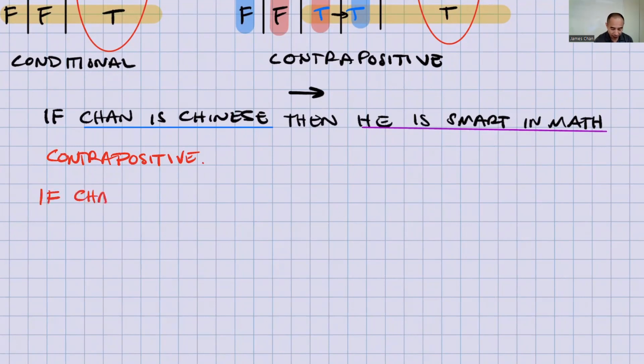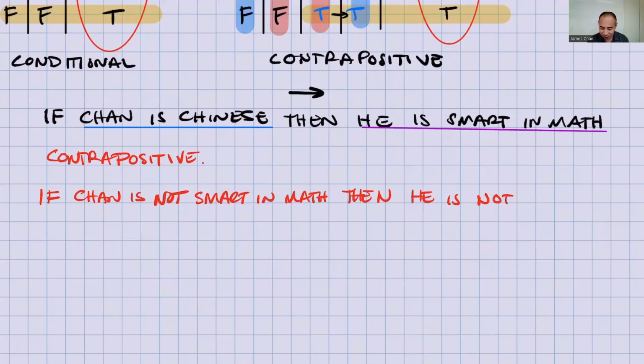If Chan is not smart in math, then he is not Chinese.